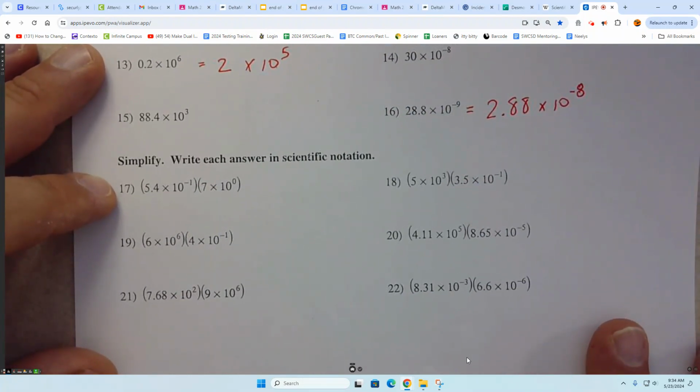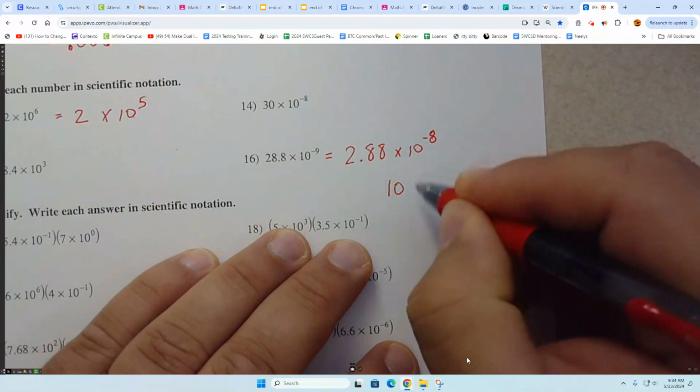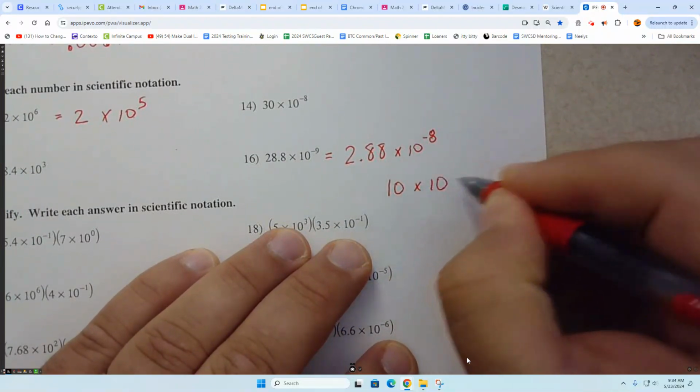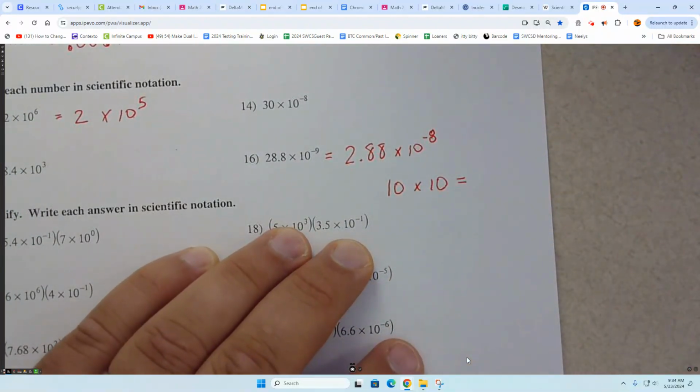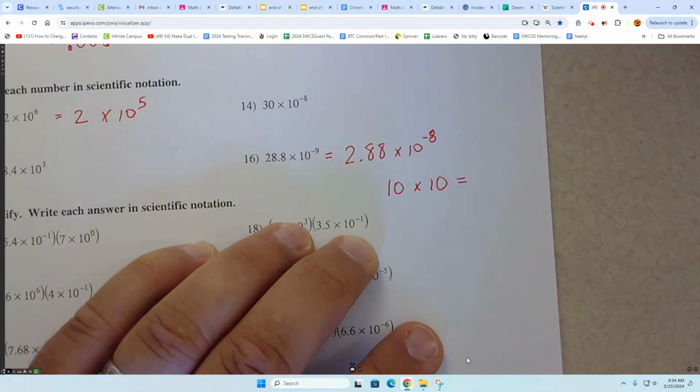Alright, guys, lock in. Here's something we need to know. When you multiply 10 times 10, that equals what? 100, or 10 to the second.